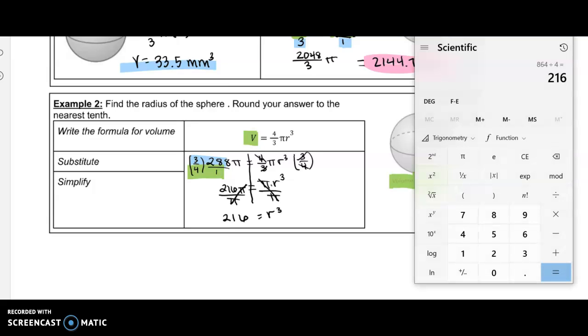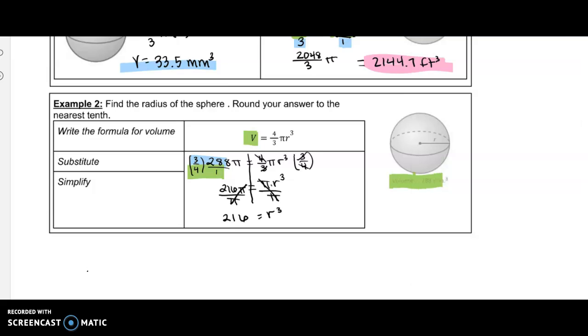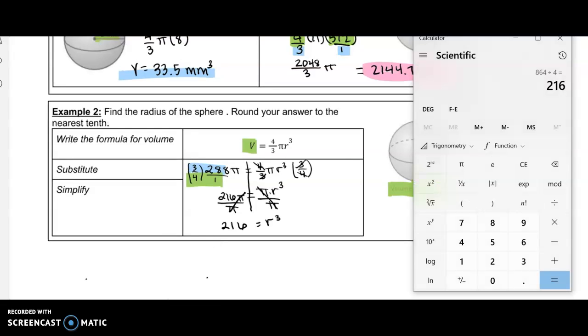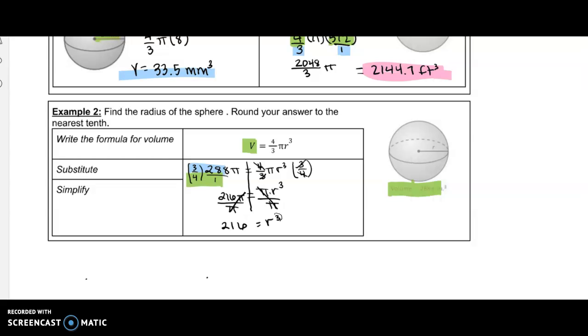And so now we need to figure out what number times itself 3 times gives us 216. So you can actually do this on the calculator, and it doesn't look like there's anything that we can use here because this is a 3. So we can't take the square root because the inverse of a cube is a cube root.